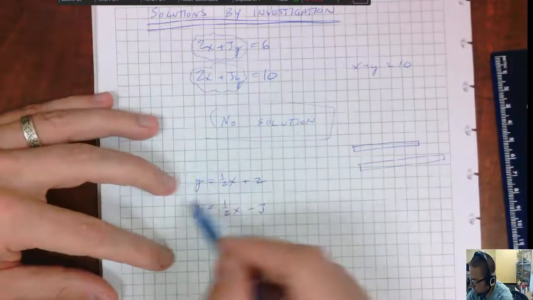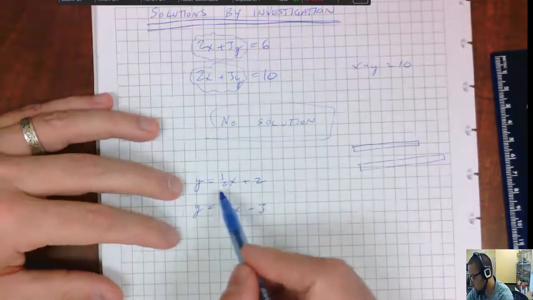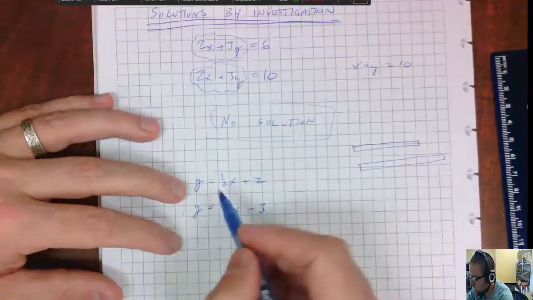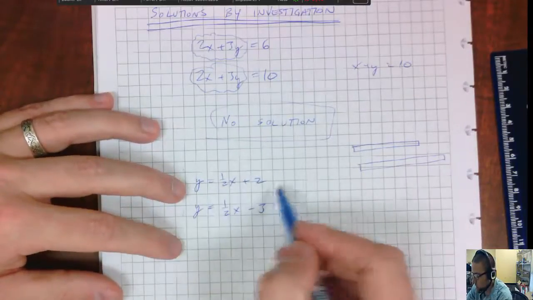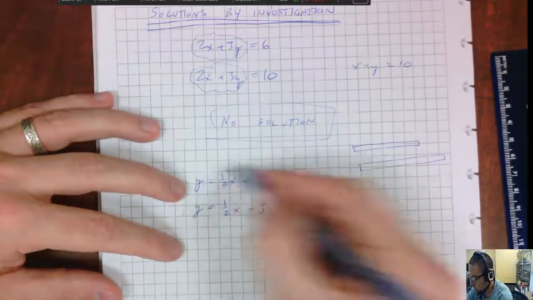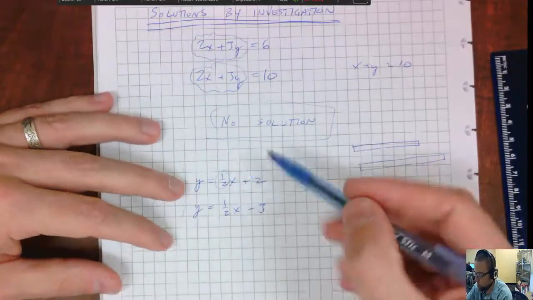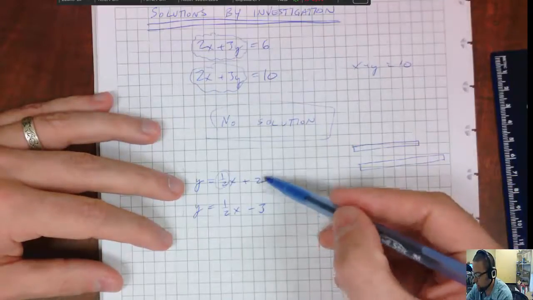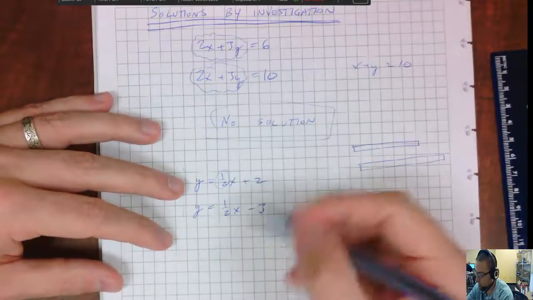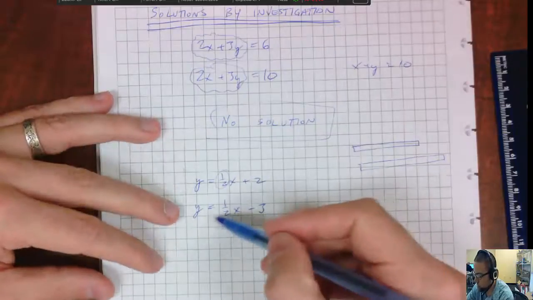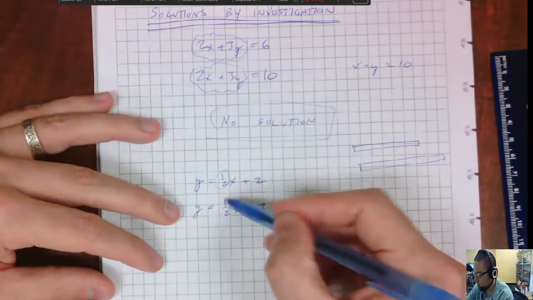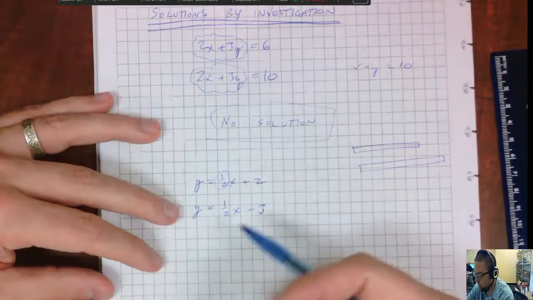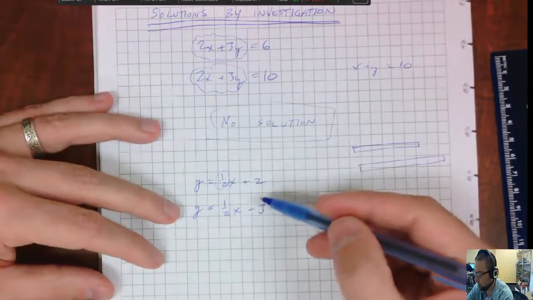And if you look at this graph right here, or these two equations, we know that this is a linear relationship and that the rate of change is 1/2. So each time, this number is going to increase by 1/2 and it's starting at 2. This one's increasing by 1/2 every time that we go up by 1 in x, and it's starting at -3.